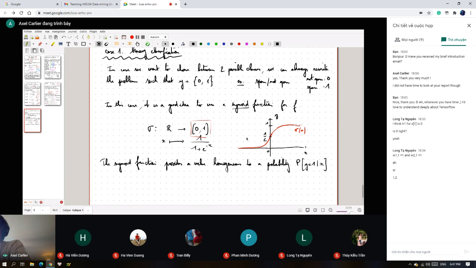So when we really want to classify 0 or 1, we split here. Here is predict 1, and here is predict 0.